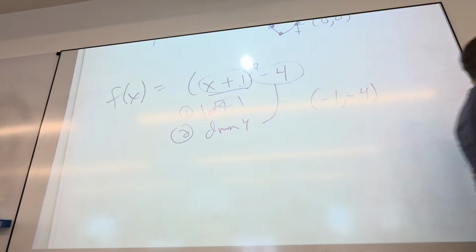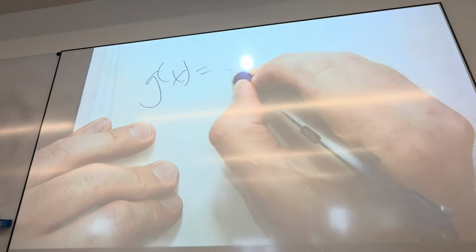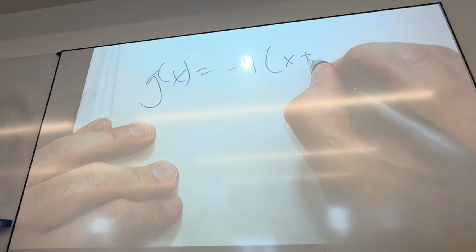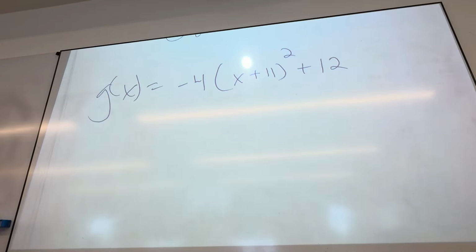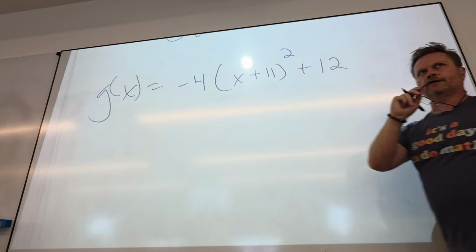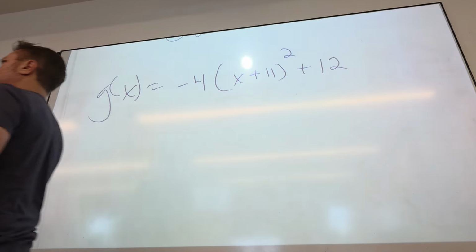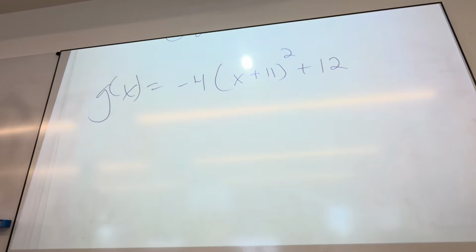So can somebody tell me where the vertex is for this? I'm not asking about the shifts, not about the transforms. What's the vertex?